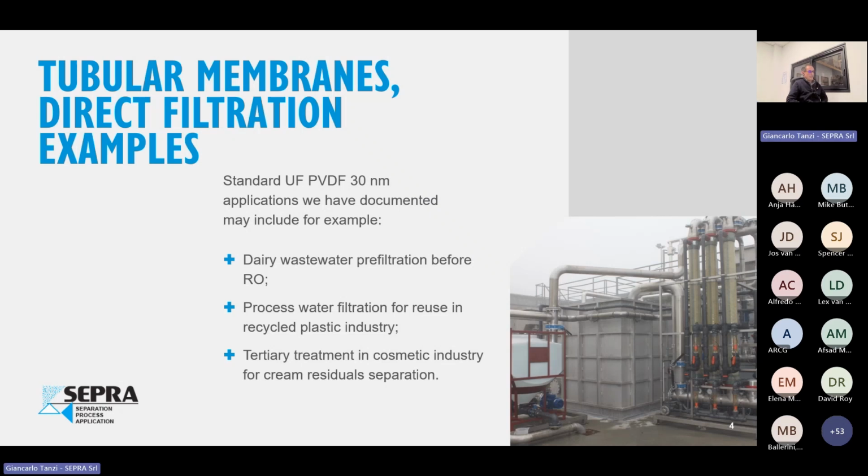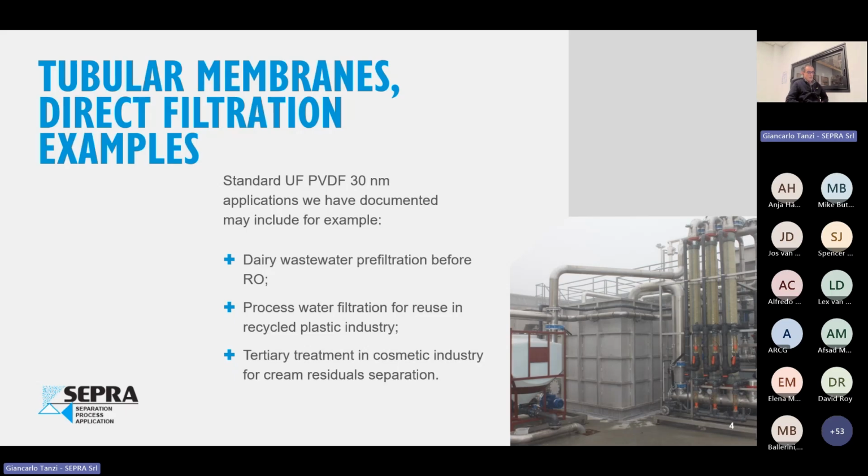That's why direct filtration on dairy wastewater, above all on smaller dairy factories that are maybe located in urban areas, is becoming an attractive approach. Obviously, ultrafiltration itself is not enough. It must be helped by something else, that typically is reverse osmosis downstream.